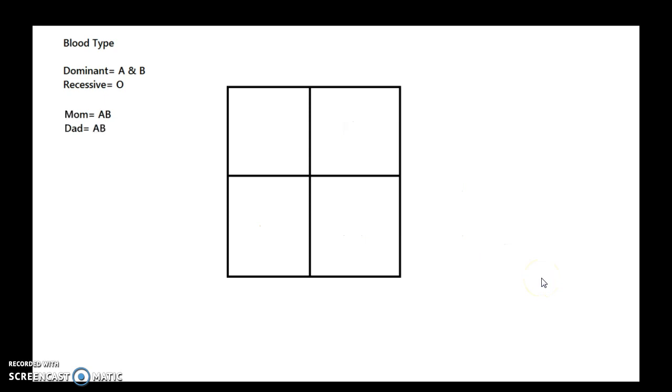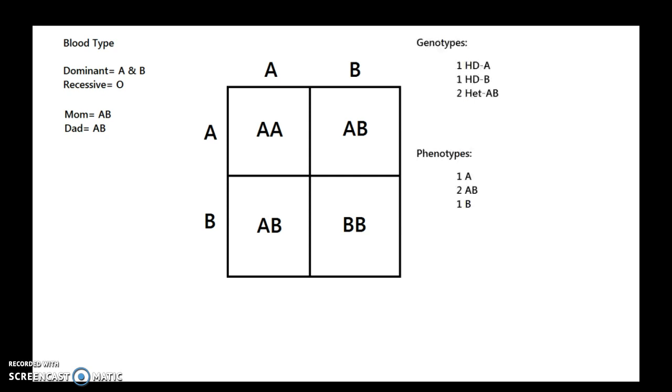Here's another example. What if mom and dad are both AB? Here's how we would fill that in. So interpreting it, we have 1 homozygous dominant A, 1 homozygous dominant B, and 2 heterozygous AB. Now remember, you have to tell me over here, because there are many that could be homozygous dominant or het.